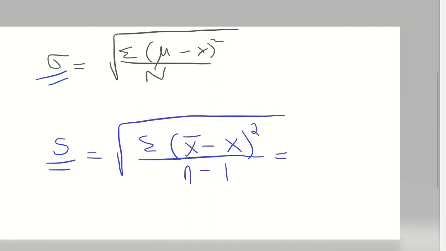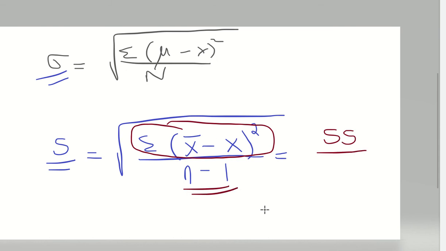I can rewrite it as, remember I said this is the sum of squares, so I can write sum of squares divided by, this is what I call degrees of freedom, okay? So sum of squares divided by degrees of freedom, and you take the square root, that will give you your standard deviation.